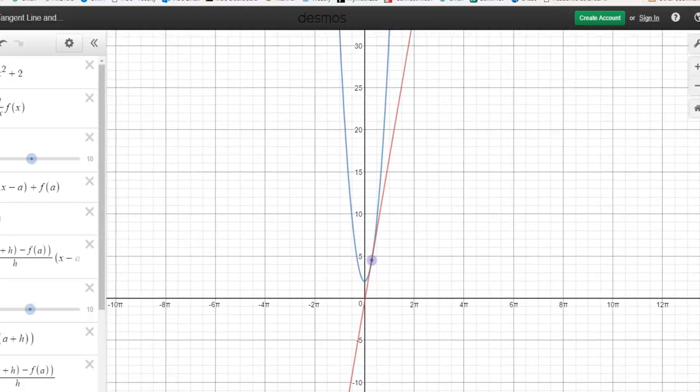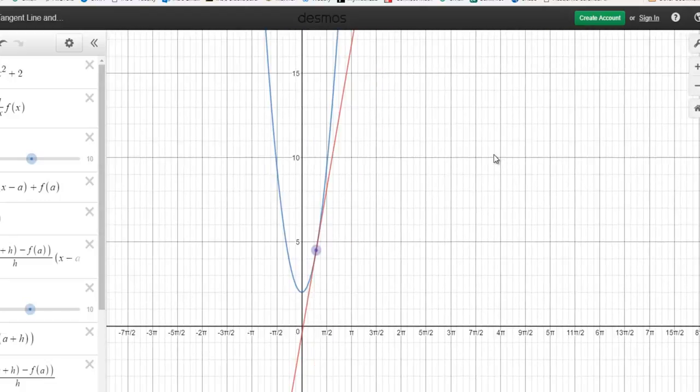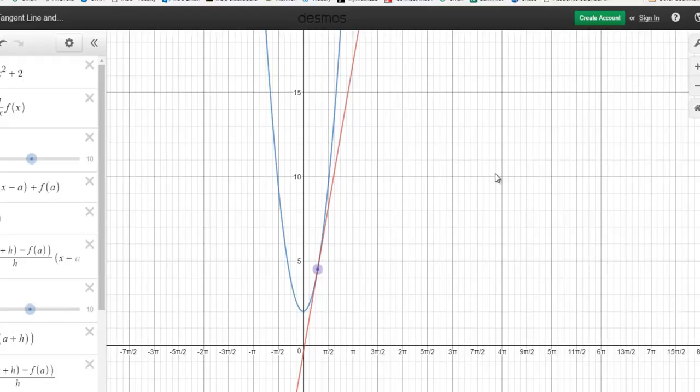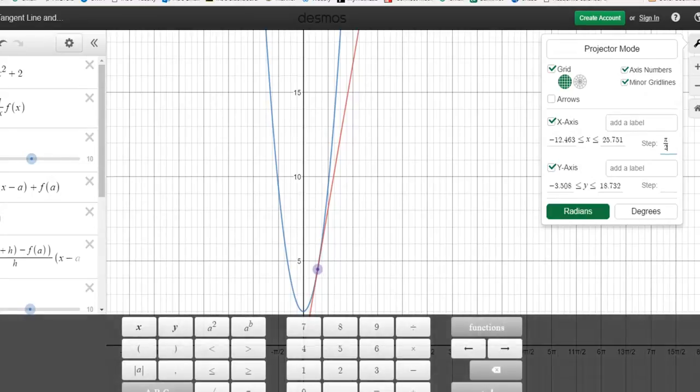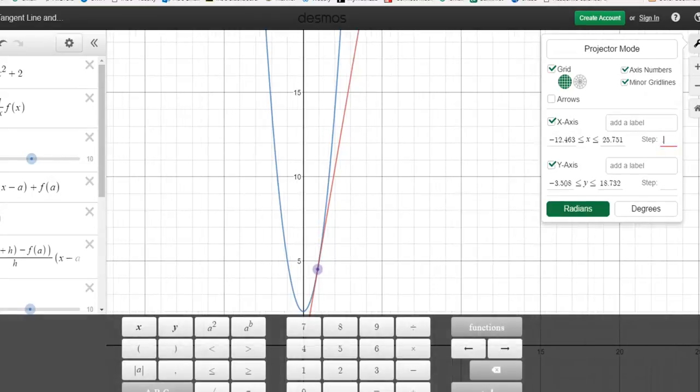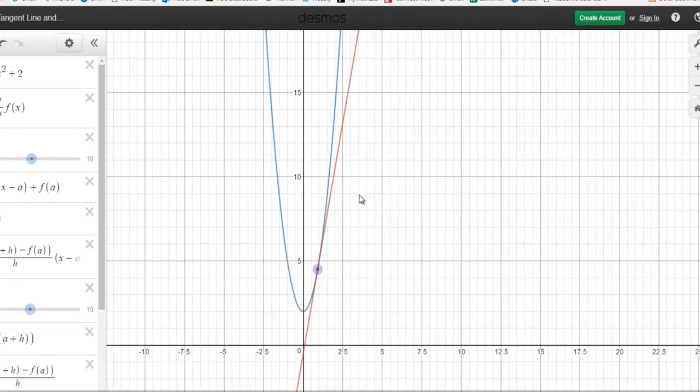Okay, so there is our blue curve. That's y equals 3x squared plus 2. And the red, that's our tangent line. Now let's move it over to the correct value, x equal 4.